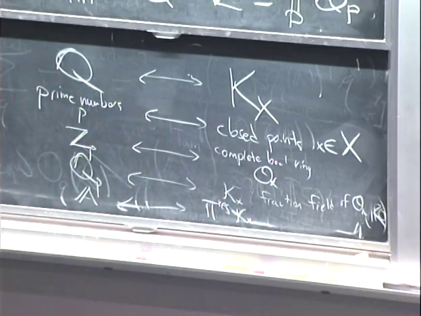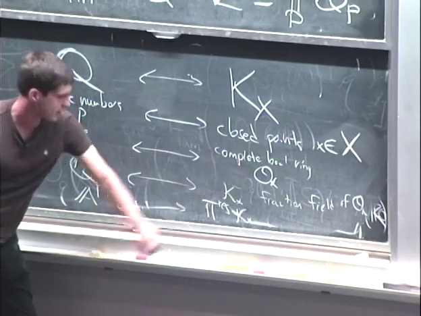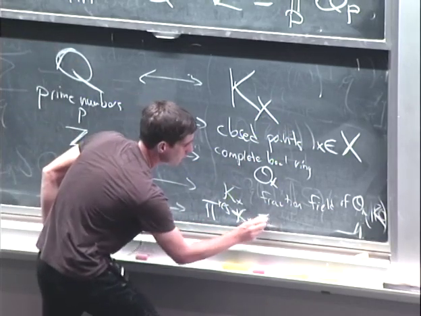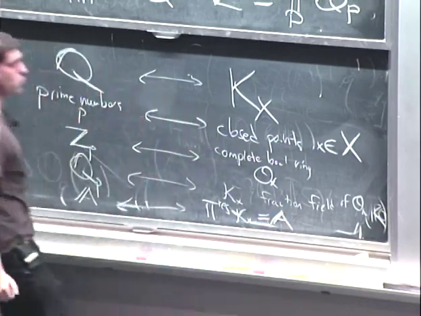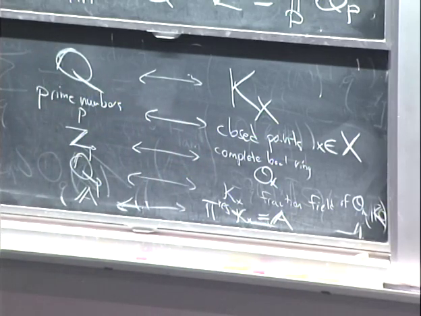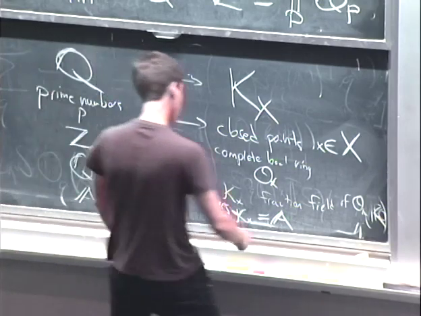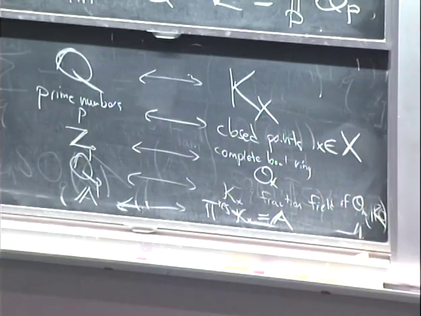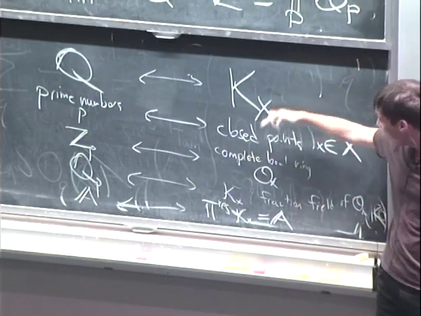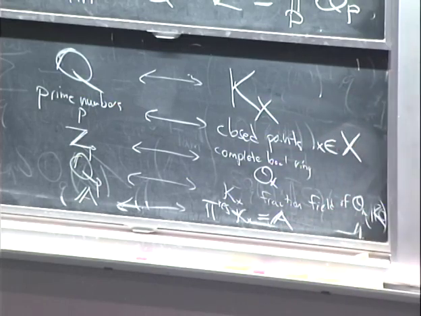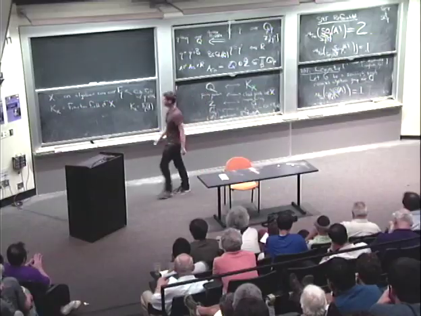That means the subset of the product where almost all coordinates belong to this ring O_x. So this I'm also going to denote just by A for the ring of adeles. And so how close is this analogy? Well, A is again a locally compact ring. And so if you have an algebraic group that's defined over K_X, then G of A has the structure of a locally compact group.